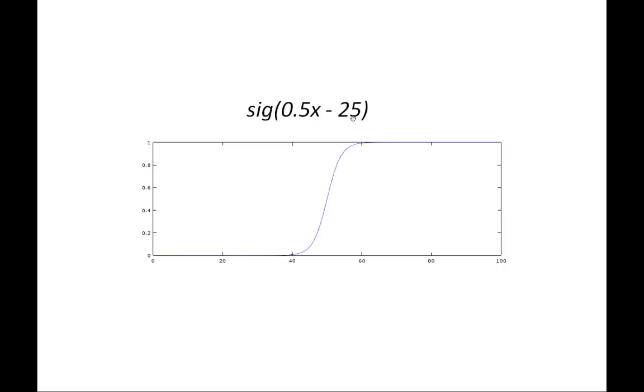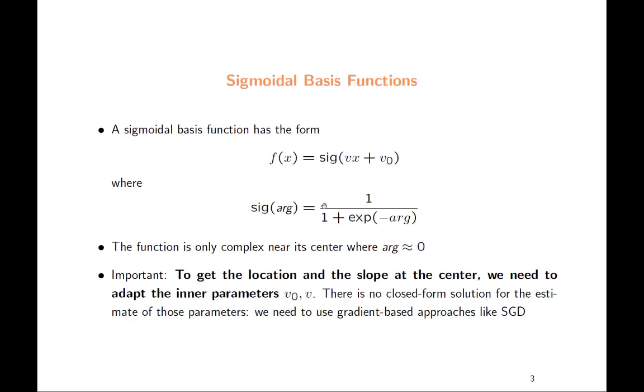And depending on how you pick these numbers, for example, this one tells you how fast the transition happens, and these numbers together tell you what location this transition happens. You can make this more smooth or almost steep and put it in different positions in input space.